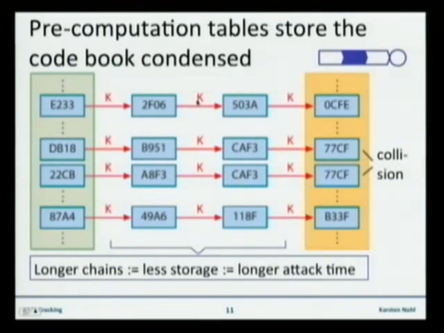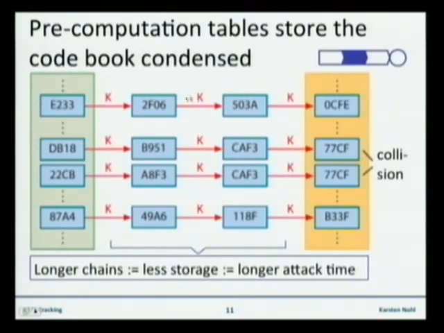So what we're doing is applying the k function, the A5, to it over and over again until we hit a value in the yellow column. So in this case, we would apply it once, look up, is the 503A on hard disk in the yellow column? No, it's not. Do it once more, and we find a value that in fact is on hard disk. We then go back to the green value corresponding to it, and from there find the key that went into computing this, because it's in the same chain, right?